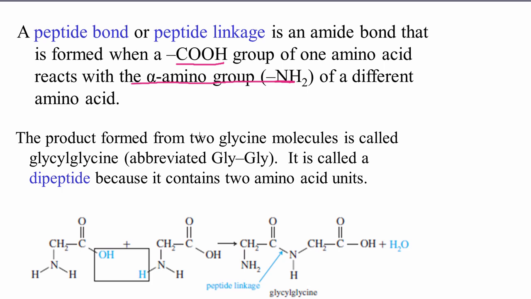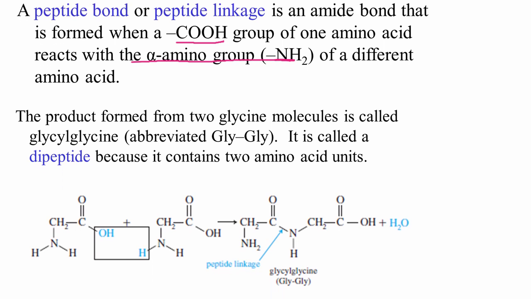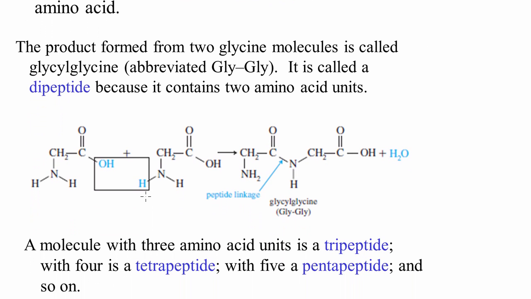For example, if we have two glycine amino acids, an amide bond will form between the carbonyl carbon of one amino acid and the nitrogen of the other, forming this amide group. We call this a peptide linkage or a peptide bond.